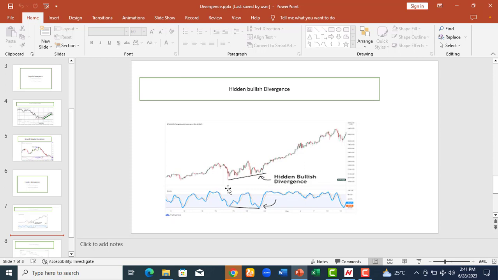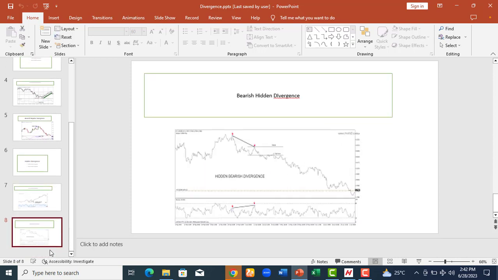Wait for a confirmation in the price and take an entry for a buy in an uptrending market or existing market. So we went further to talk about the bearish hidden divergence, which is seen in a downtrending market. Price forming what is called the lower highs, while oscillator forming higher highs.